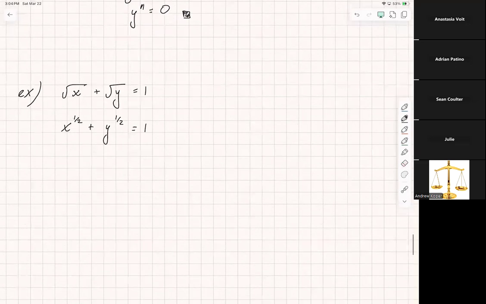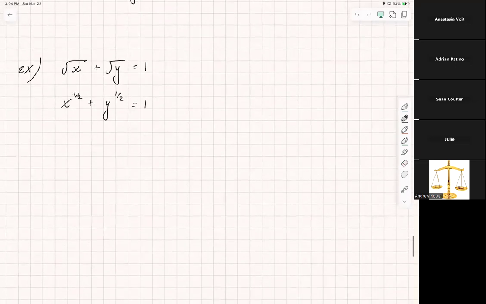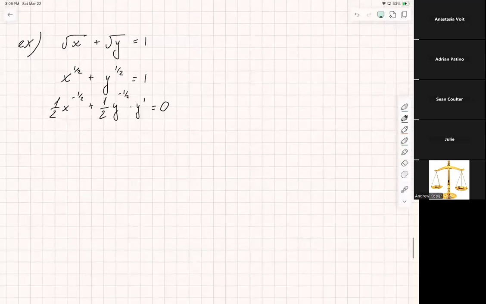So we would have the derivative of x to the power of 1/2. That's going to be 1/2 x to the power of -1/2 plus the derivative of square root of y, which is 1/2 y to the power of -1/2 times y prime, equals 0, right? So in this case, it's not that bad.